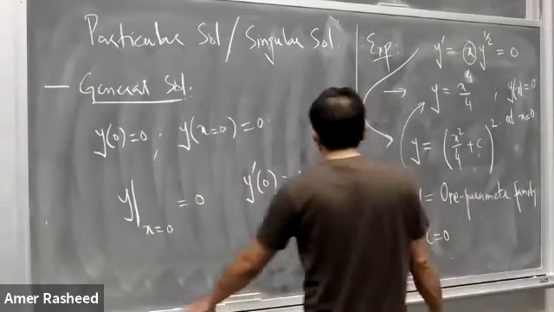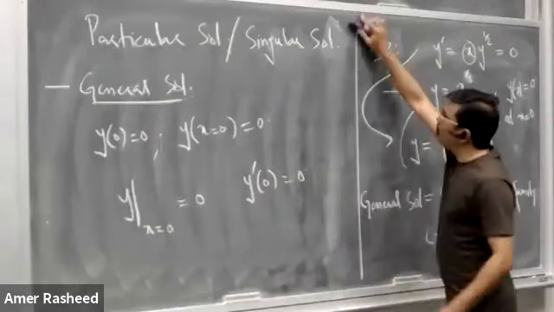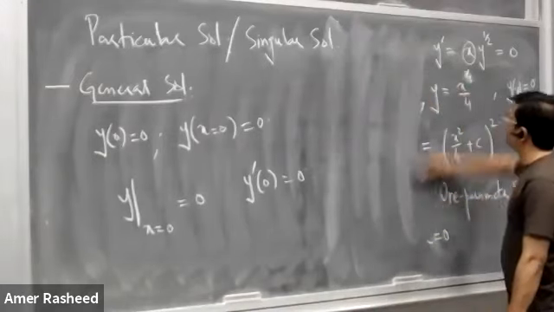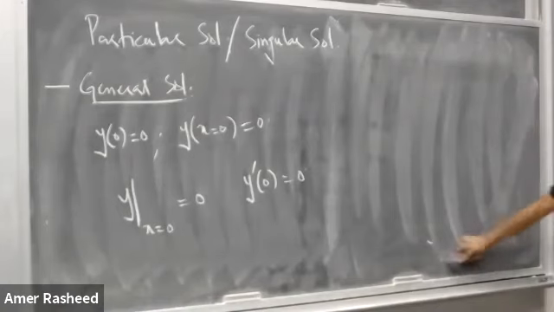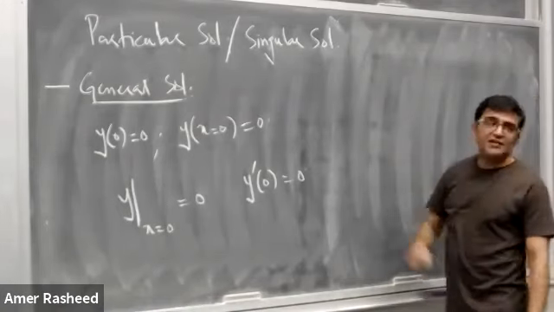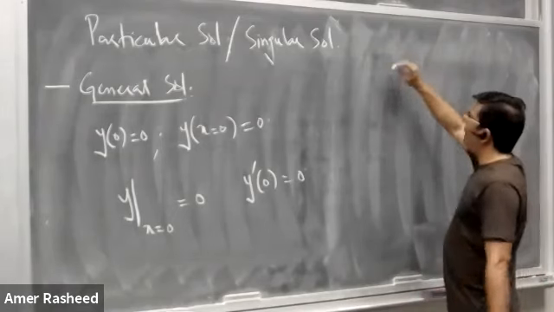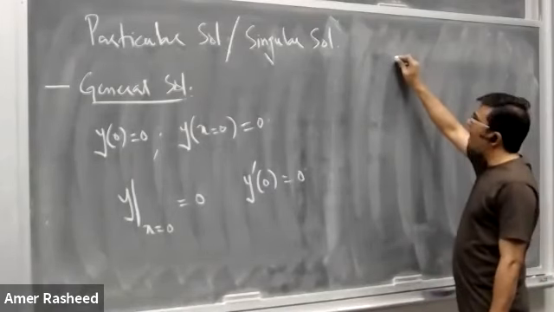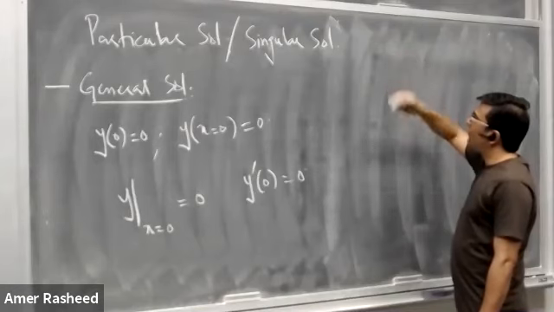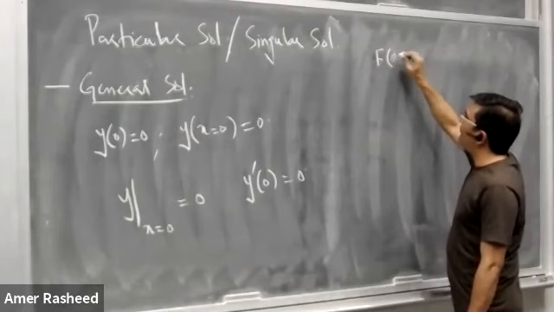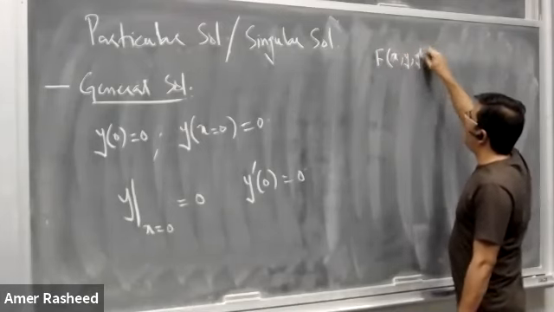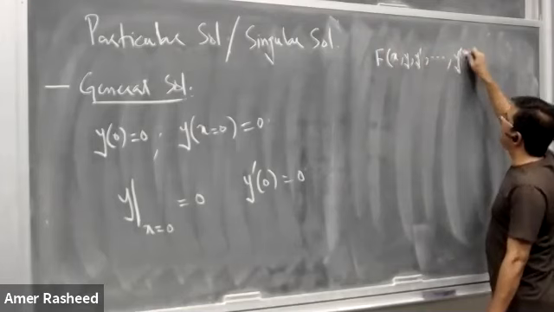So the initial conditions are derived in a way, let me define it properly, for initial value problems. If we have an initial value problem of first order, or nth order, it will involve f of x, y, y dash, and so on up to the nth derivative of y.